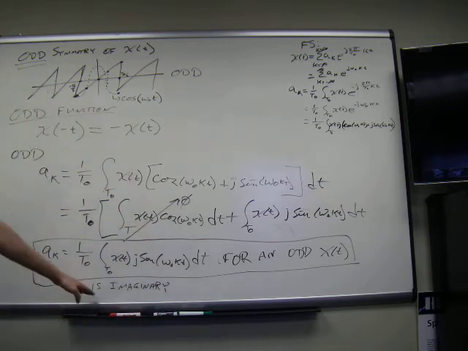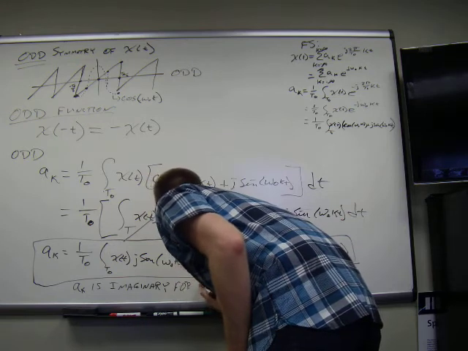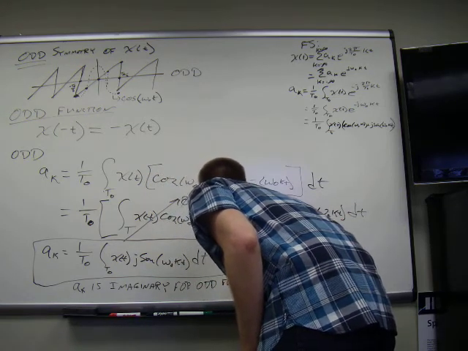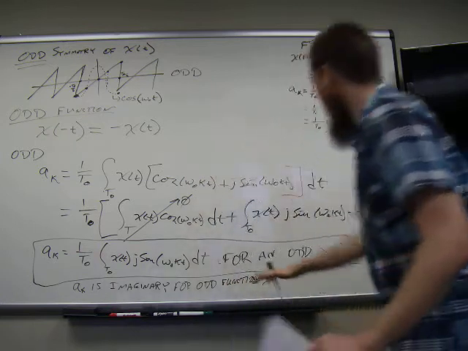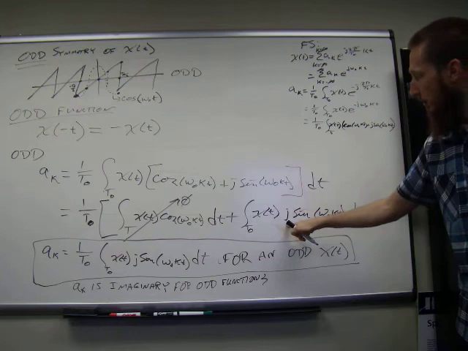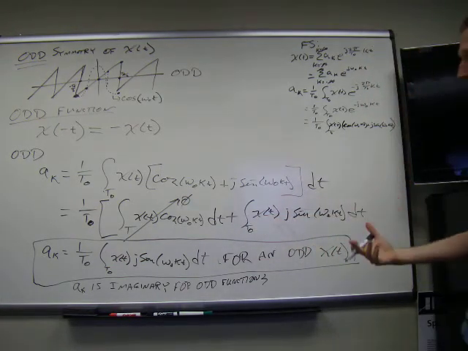So A of k is going to be imaginary for odd functions, because we can see in this integral, we've got j. It's a constant. It gets moved out in front of the integral.